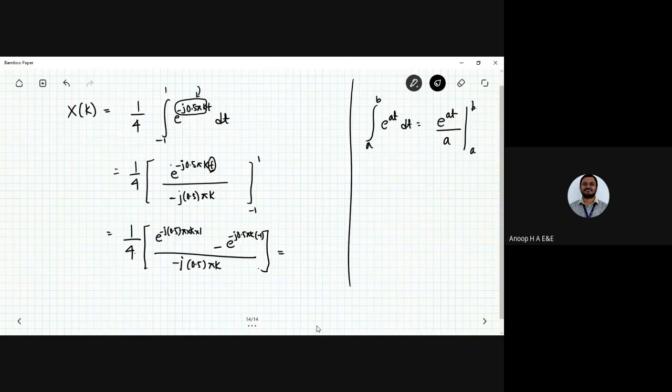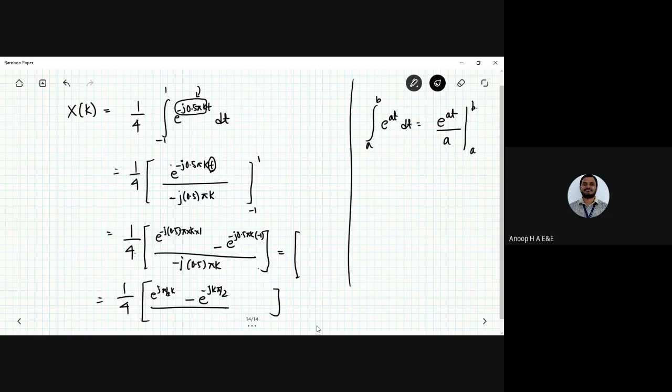So I can write it as 1 divided by 4, e power j 0.5 into 1, since minus into minus is plus, that is e power j pi by 2 into k, minus e power minus j k into pi by 2, divided by, so what is there?